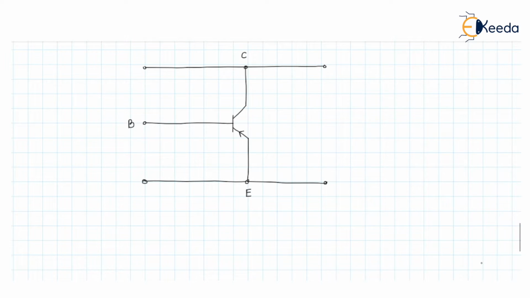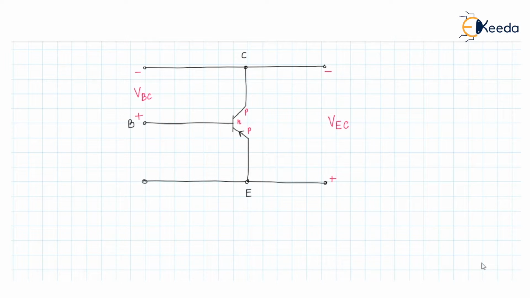In this case, we can see that there will be three voltages also. Since it is a PNP transistor, the collector terminal will be at negative potential and the emitter terminal will be at positive potential. So the voltage here will be VEC. Similarly, the collector is at negative potential and the base is positive relative to it, so it will be the base to collector voltage VBC.